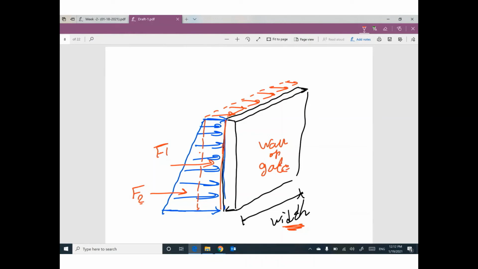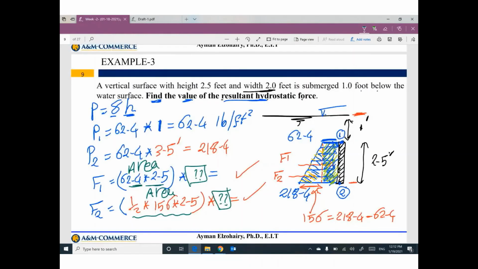I believe this pressure is extended through the width of the wall. So if you have a width for this wall, you have to multiply your values by this width. So 2 and 2 are the width of the gate.